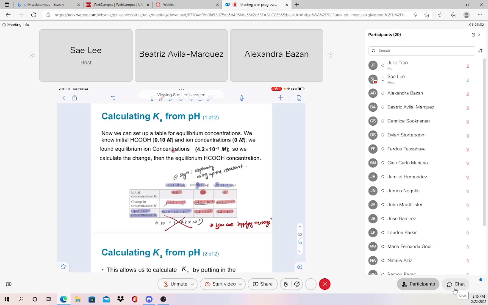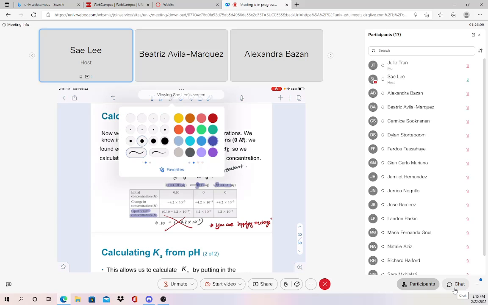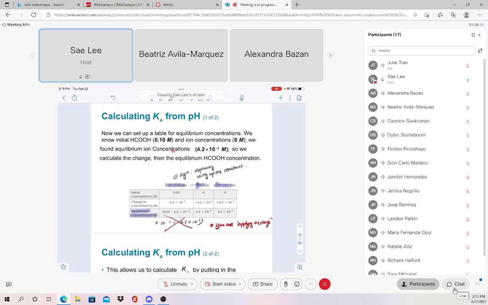Let me go over this with you again. Within this table, what information did we just find out? The information that we already know from the question is the initial reactant concentration.